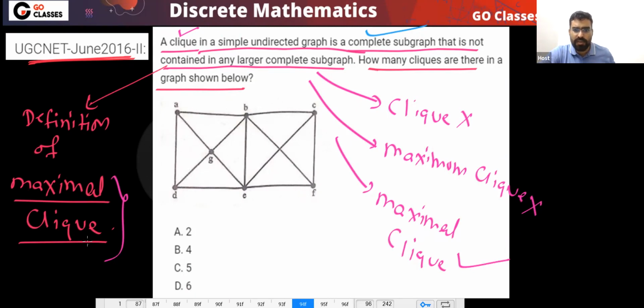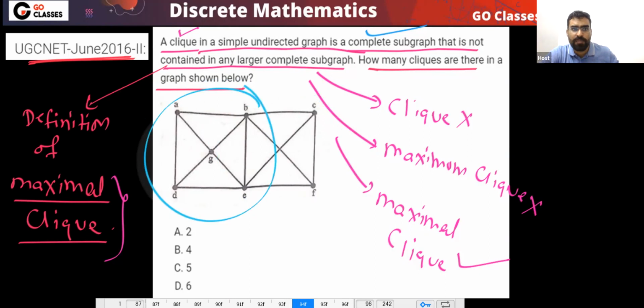Can you notice one more thing? Tell me, is this a maximal clique? This is not even a clique. This is not complete. This is complete, this is K4.